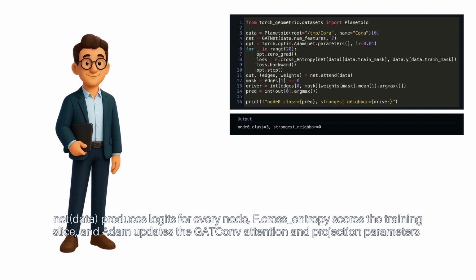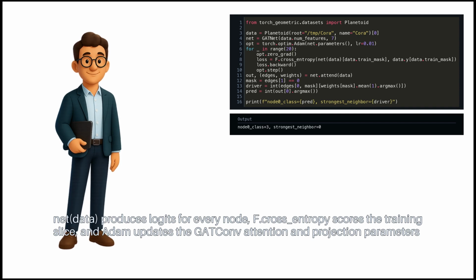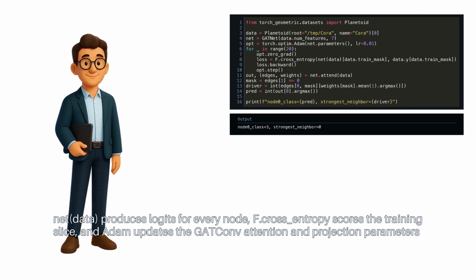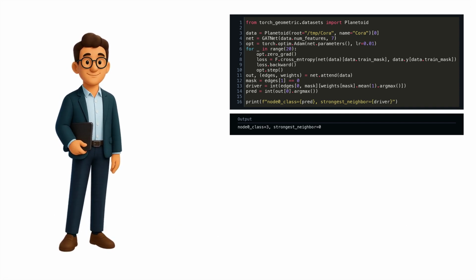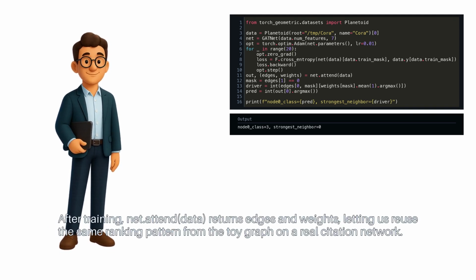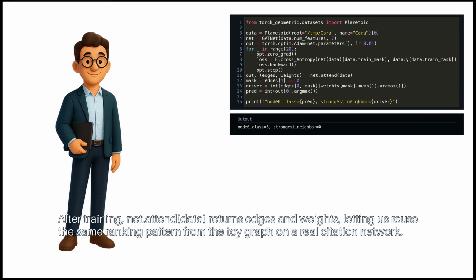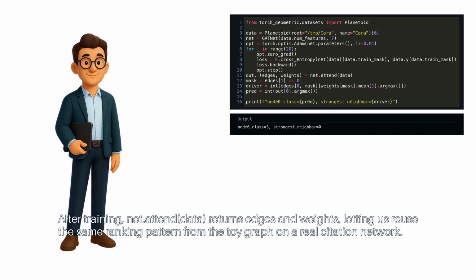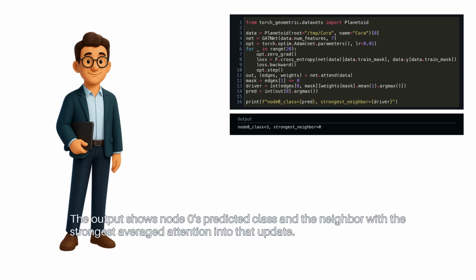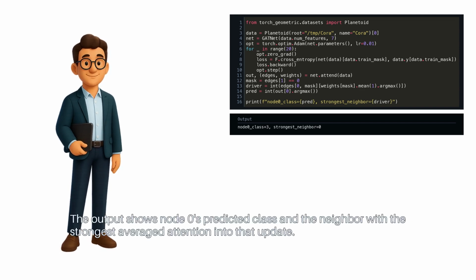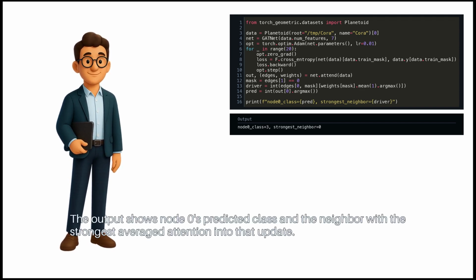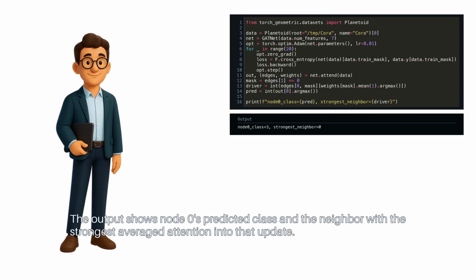F.cross_entropy scores the training slice, and Adam updates the GATConv attention and projection parameters together. After training, net.attend(data) returns edges and weights, letting us reuse the same ranking pattern from the toy graph on a real citation network. The output shows node 0's predicted class and the neighbor with the strongest averaged attention into that update.